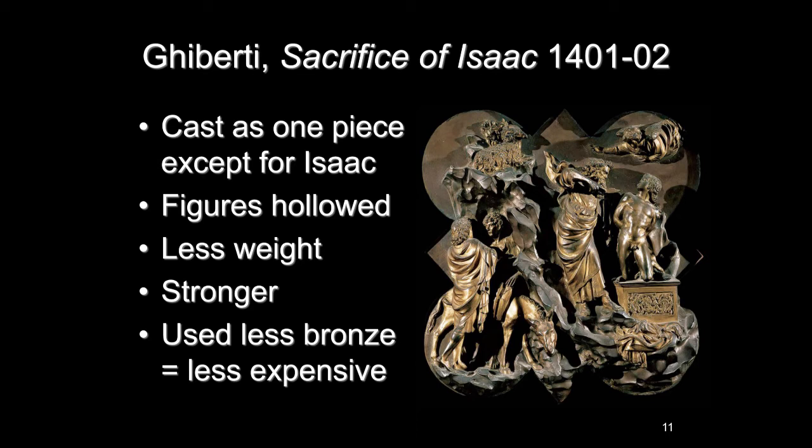But all the other figures are part of the same piece of bronze, and they're hollowed out from the background. Now, this means they're not going to weigh as much because they're not solid figures. It's going to be stronger because it's not in pieces. And it's going to use less bronze. So it's going to be less expensive.